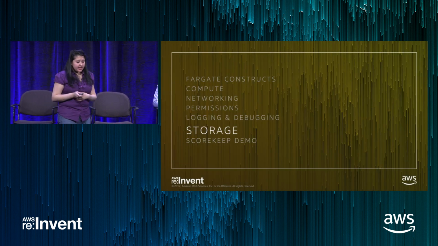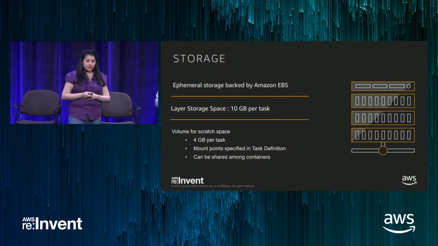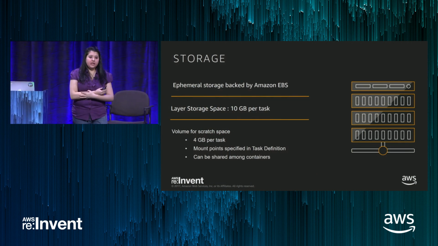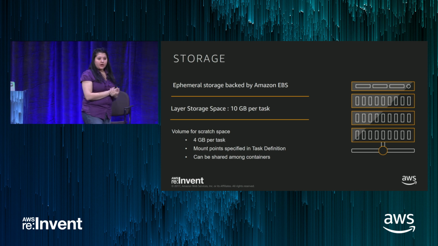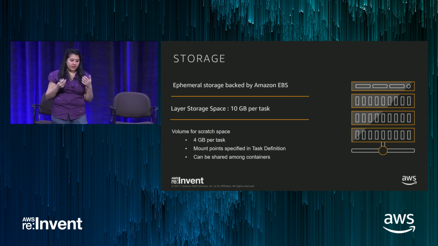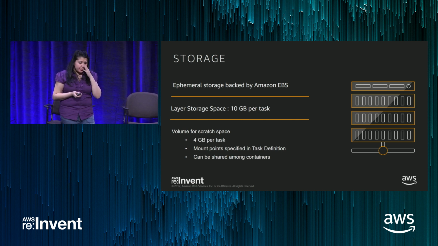All right. Finally, I just wanted to touch upon storage. With AWS Fargate, we do give you ephemeral storage for your task. It's backed by EBS volumes that we own. You get 10 gigabytes per task of layer storage for your containers.